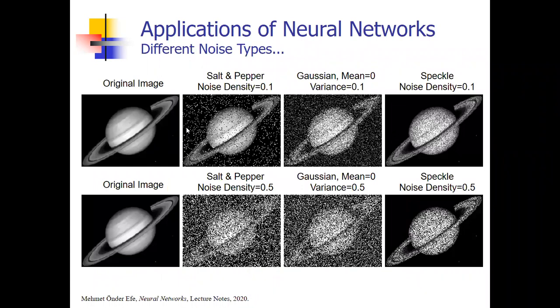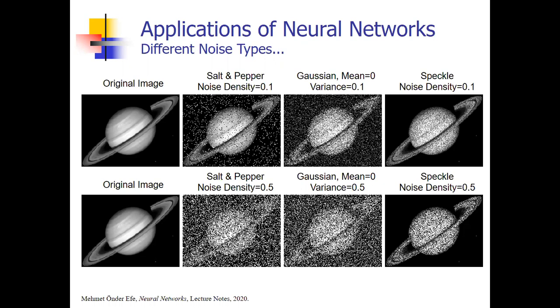So this summary slide shows the original image on the left-hand side. The second column shows salt and pepper type of noise. The third column shows Gaussian noise, which has variance 0.1.